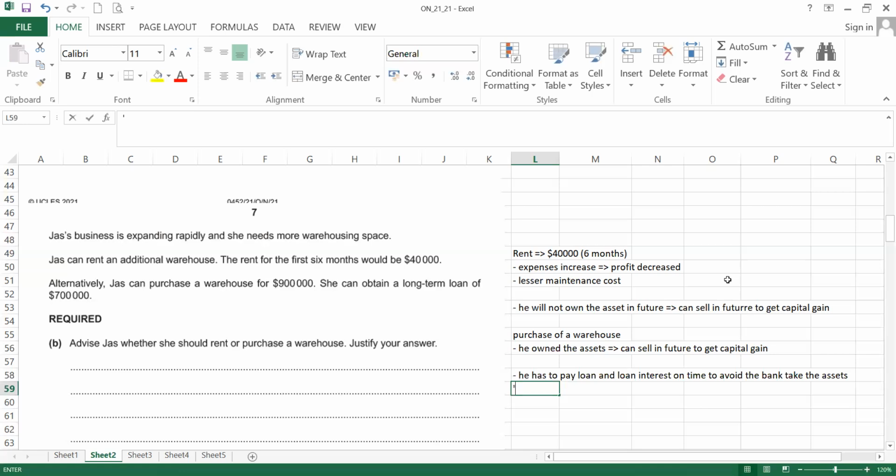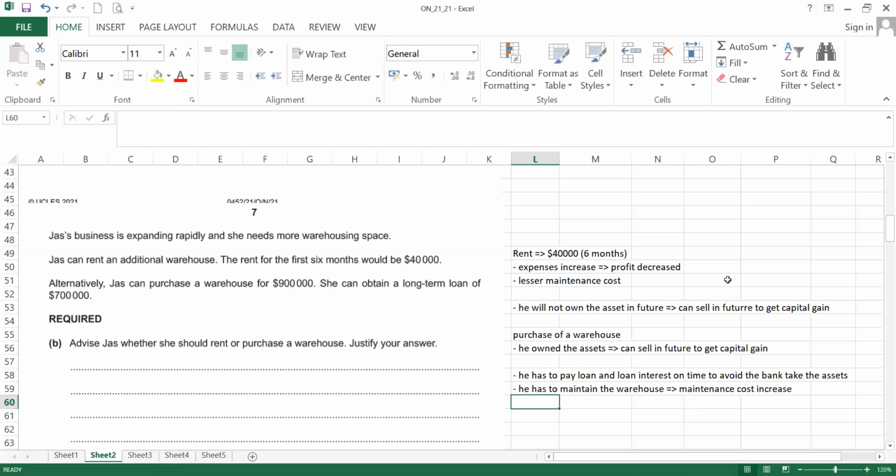So this is one of the problems, and also that he has to maintain the warehouse. So this is a maintenance cost increase.